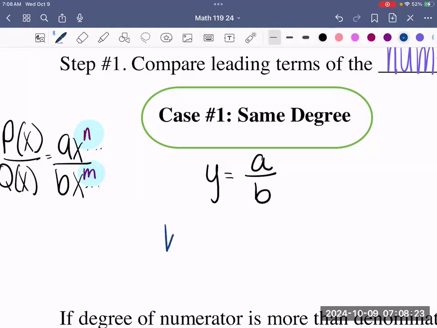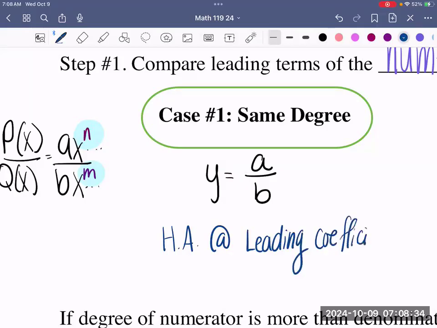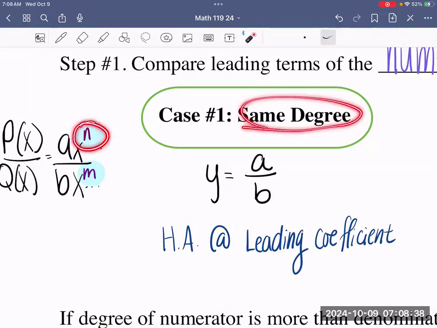So there's a horizontal asymptote at the leading coefficients. That is, if your degree is the exact same above as below.